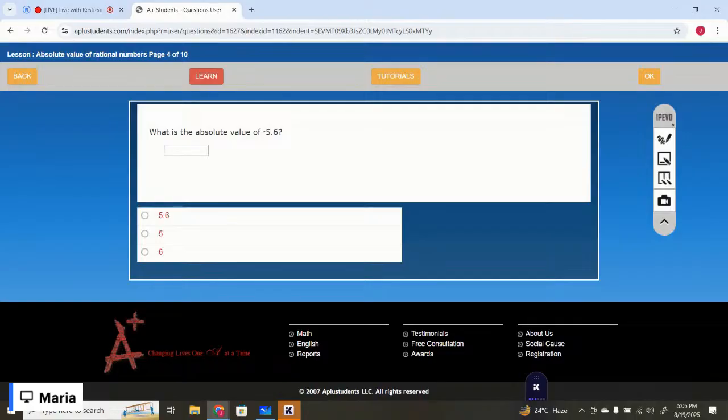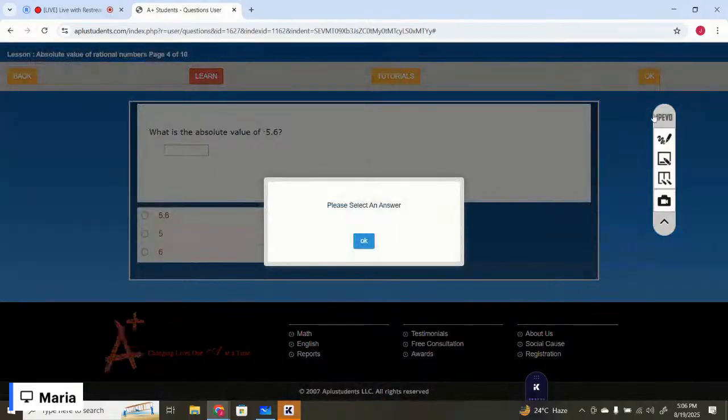What is the absolute value of negative 5.6? It is 5.6. It is very good. Option number 1 is the correct option.